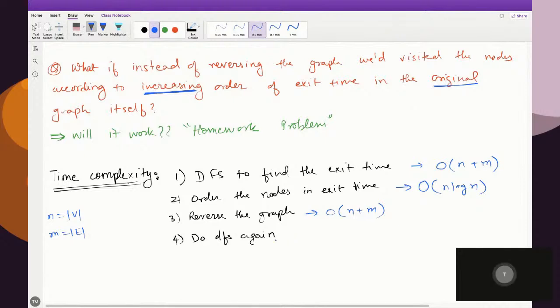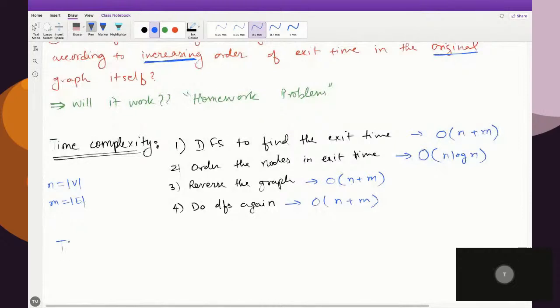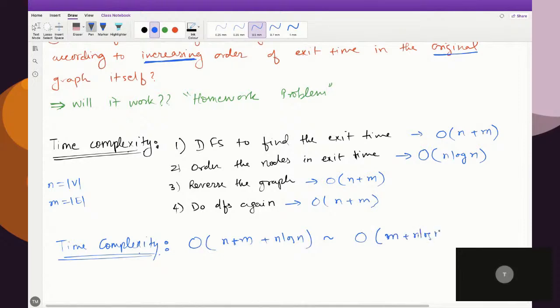Doing DFS again is also order n plus m. So the overall time complexity will be order n plus m plus n log n, which is basically order m plus n log n.